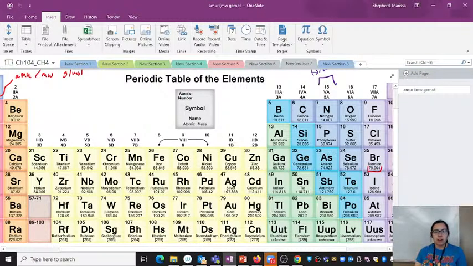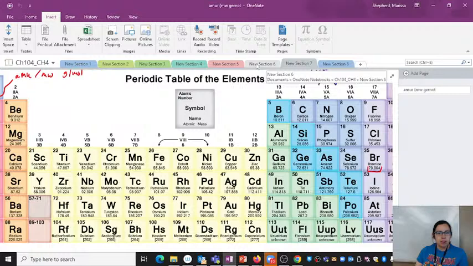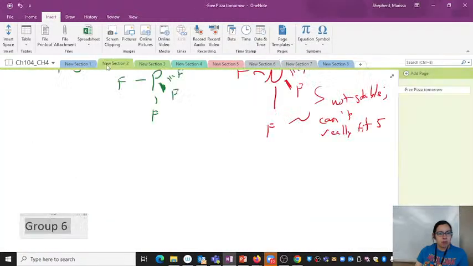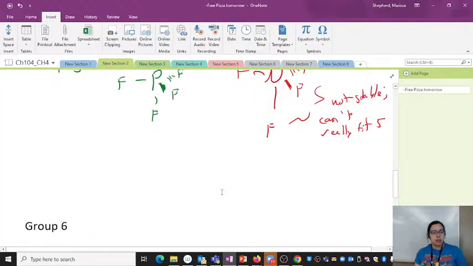That means anything below, so phosphorus and below, can do these expanded octets, and they can make several bonds.